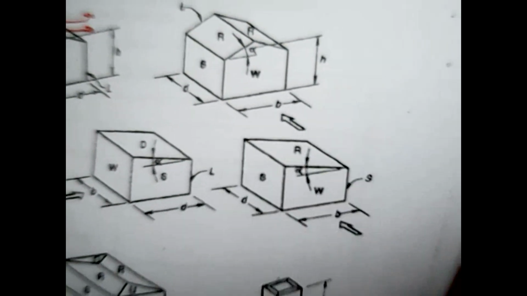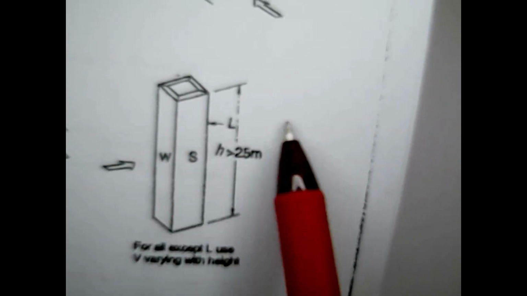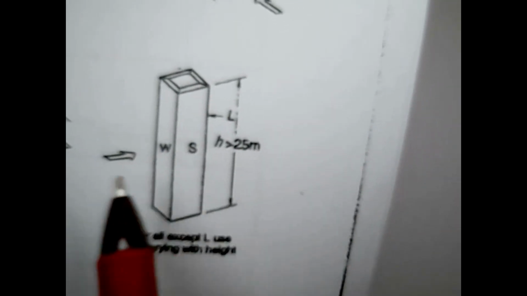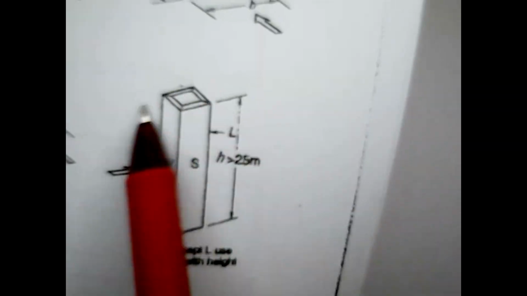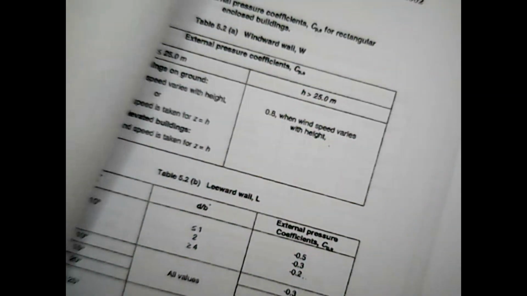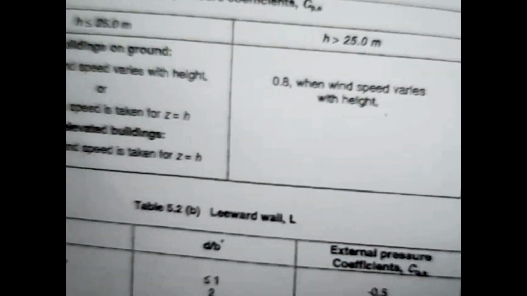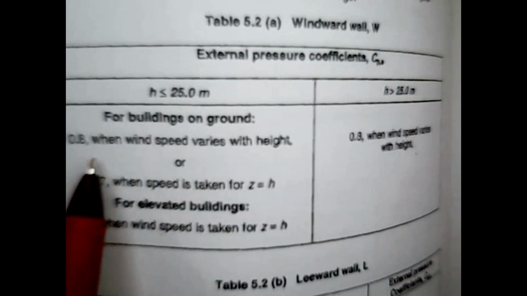In our structure, we have a tall building where H is more than 25, and this is the windward and this is the leeward. In our structure we have no slope because the building roof is flat.